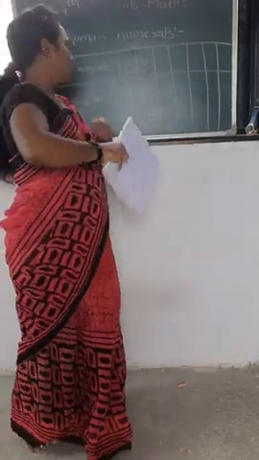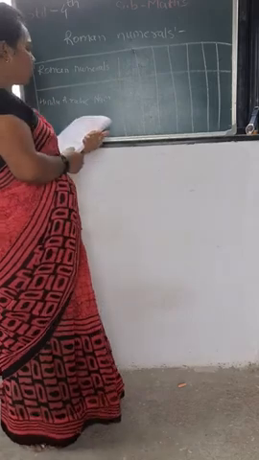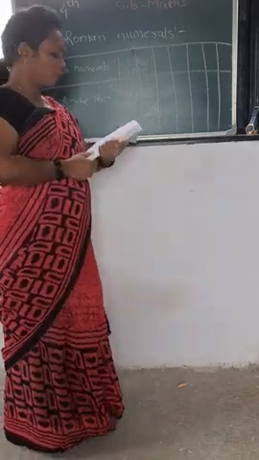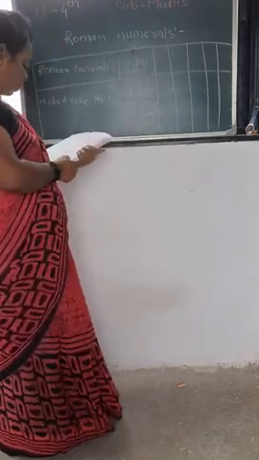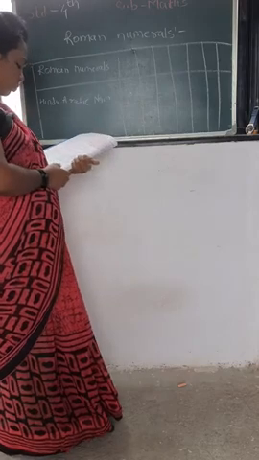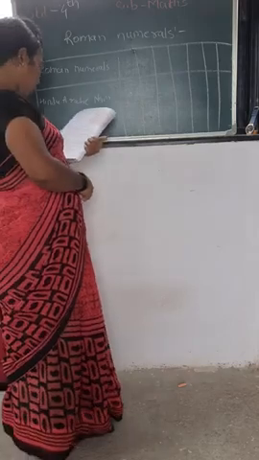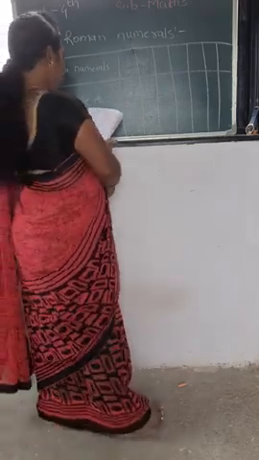Then we have Roman numerals. We use 7 letters of the English alphabet to determine the value.